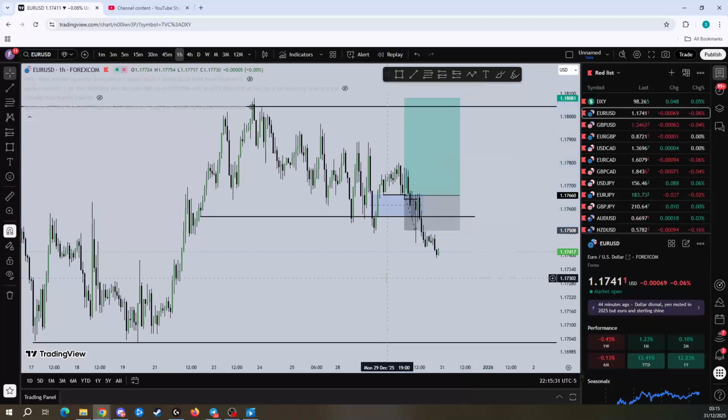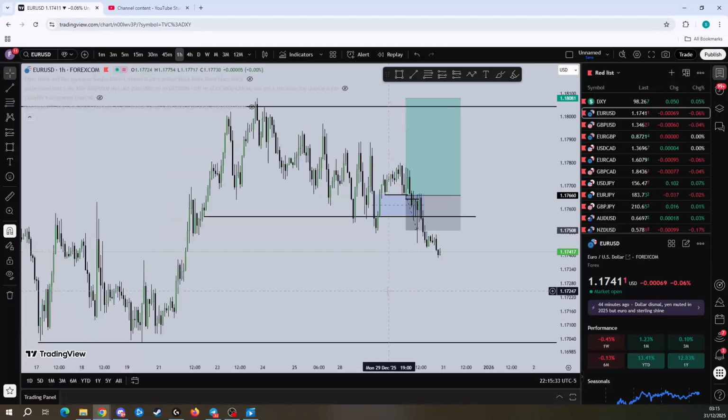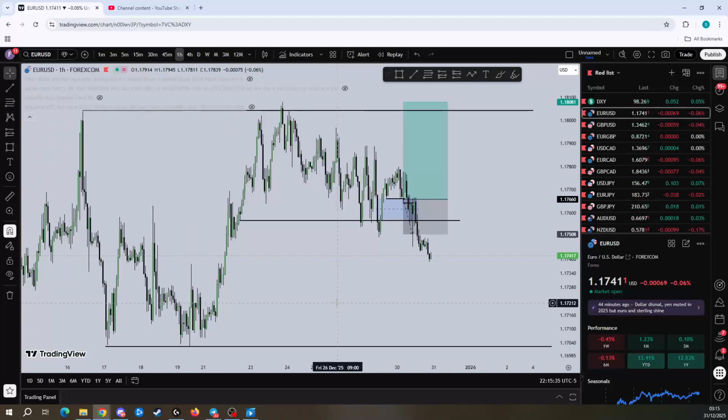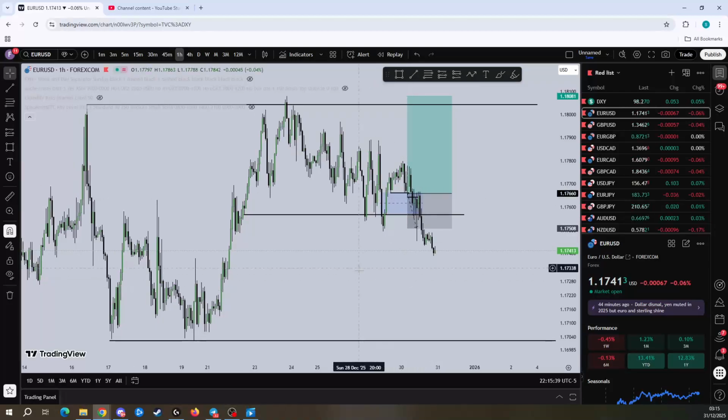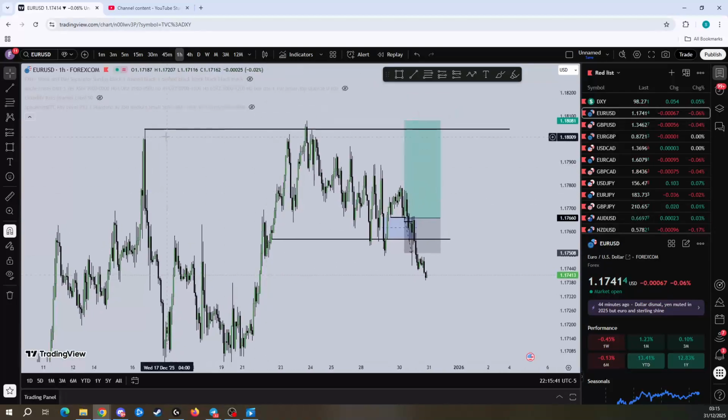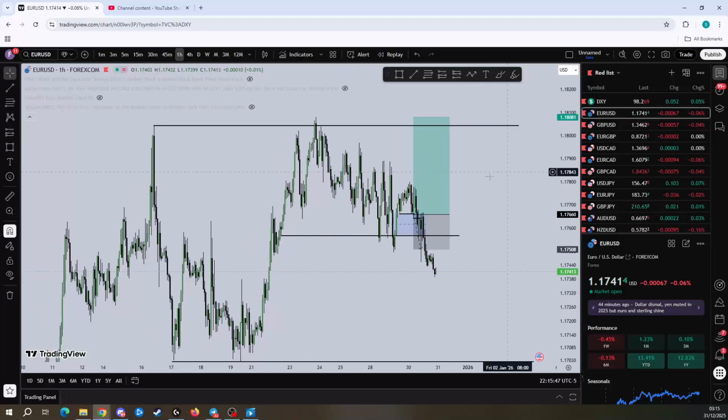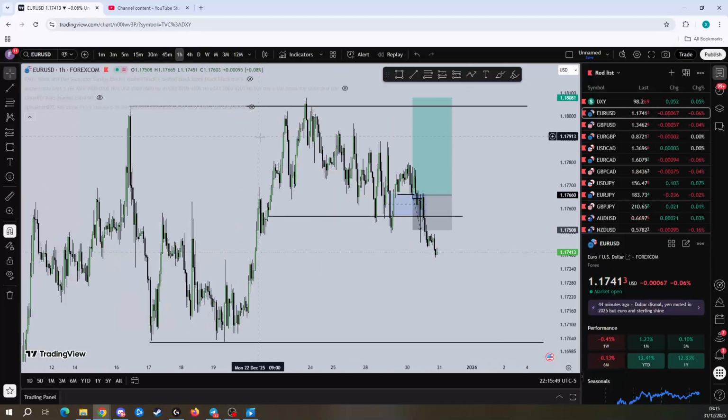I think in my opinion I probably should have waited for some sort of lower time frame confirmation here, because as you can see, we already took out the buy side here. So this is high resistance liquidity, so that's already a low probability filter.